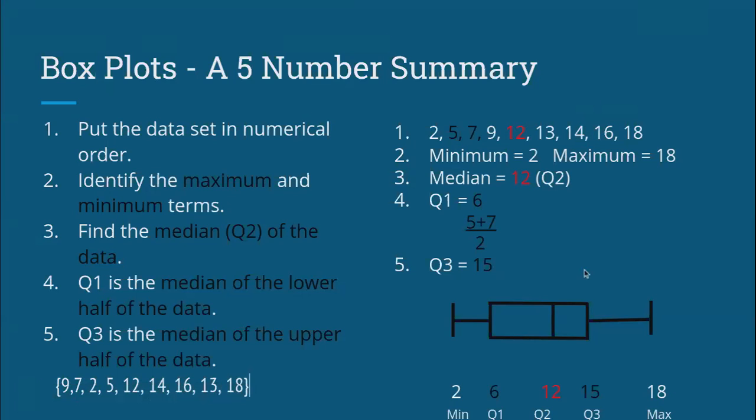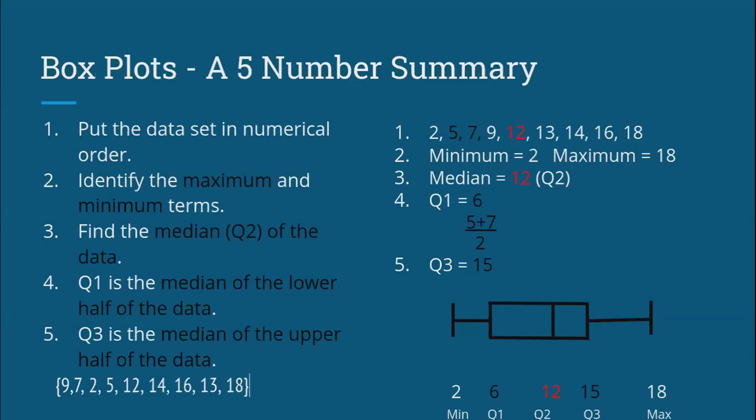So now you have the 5 numbers that go into your box plot. The minimum goes first. The maximum goes last. So we see where our data begins and where our data ends.